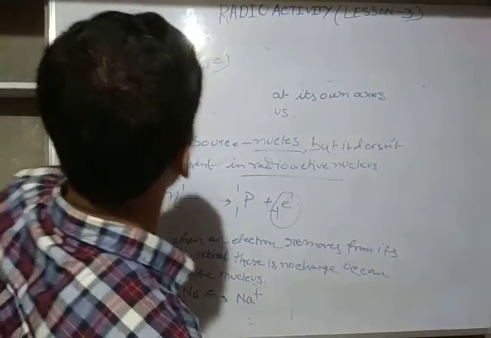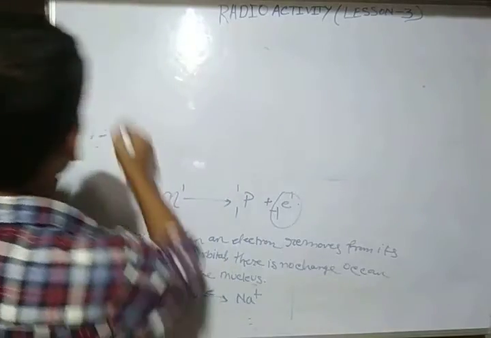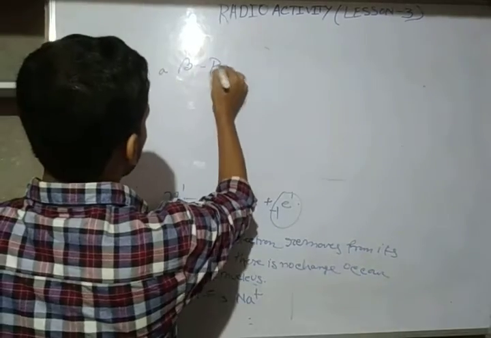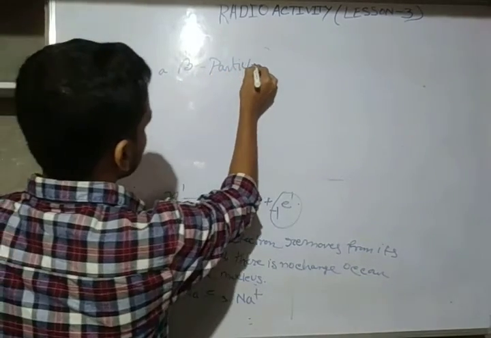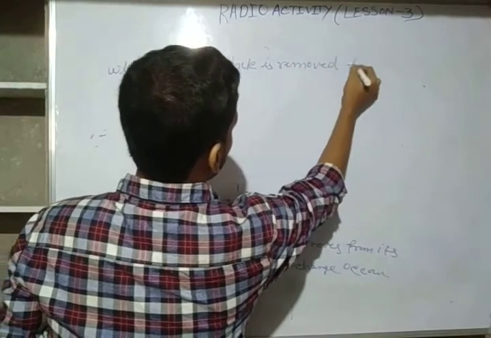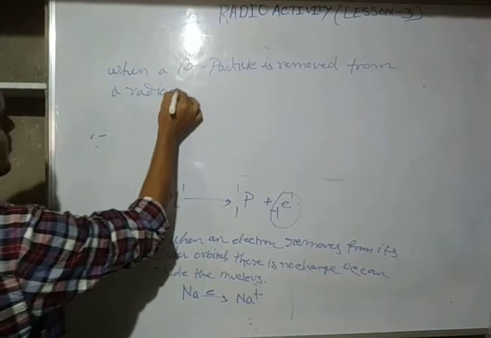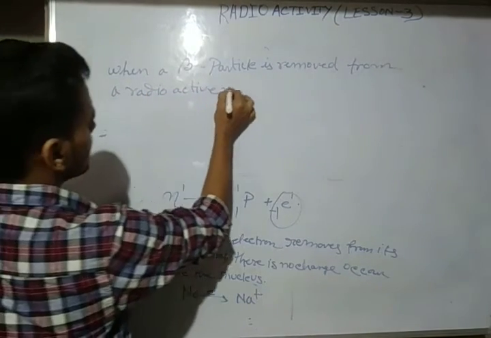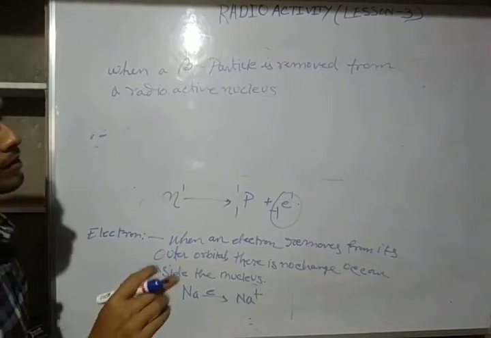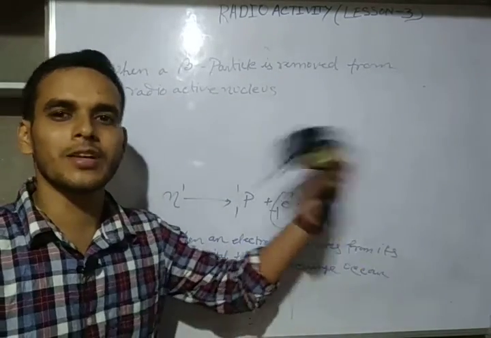But when a beta particle is removed from a radioactive nucleus, the electronic configuration does not change because the beta particle emits from the nucleus.